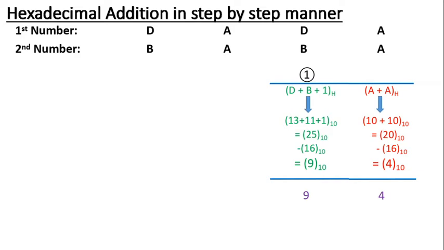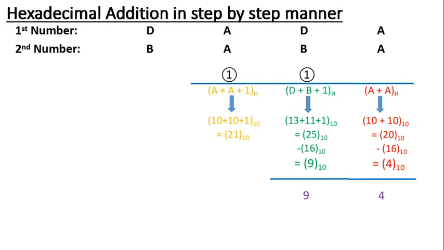It means that whenever we go for A plus A, one internal carry is also to be added, and this step I now want to show here. This is the step, A plus A plus 1 hexadecimal. Again, convert each hexadecimal digit into its decimal equivalent, so it becomes 10 plus 10 plus 1, which is equal to 21 decimal.